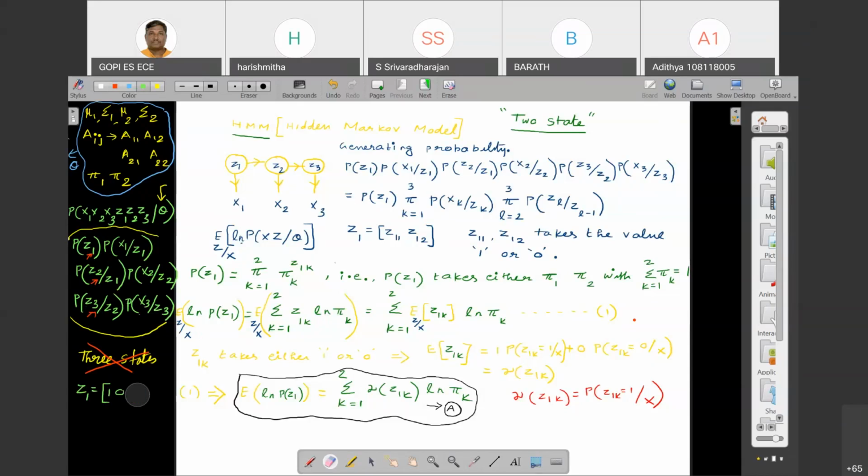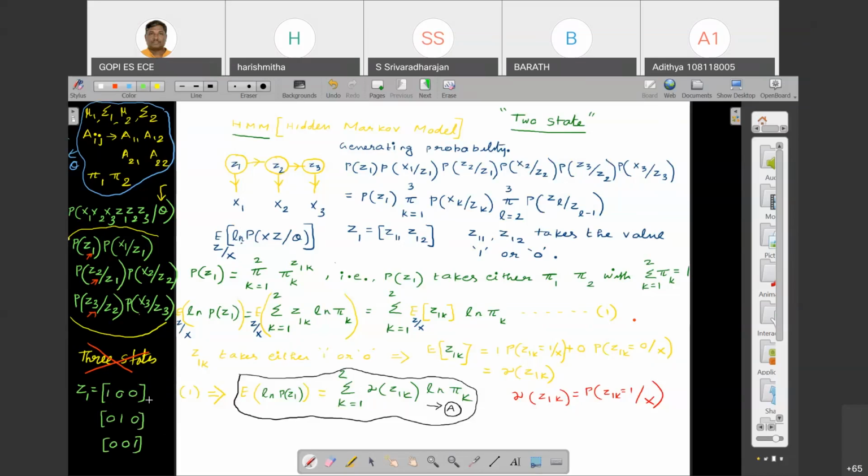So in this example, we are considering z1 as what? Either 1, 0 or 0, 1. So it means that it is actually two states, right? If I want to represent the same z1 in three states, z1 can take the value either 1, 0, 0 or 0, 1, 0 or 0, 0, 1.